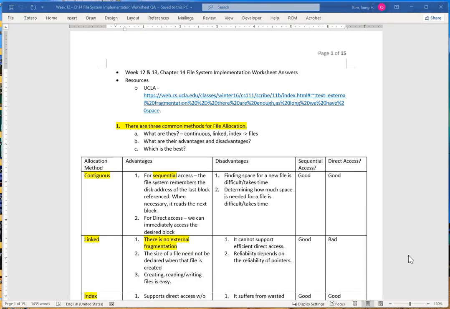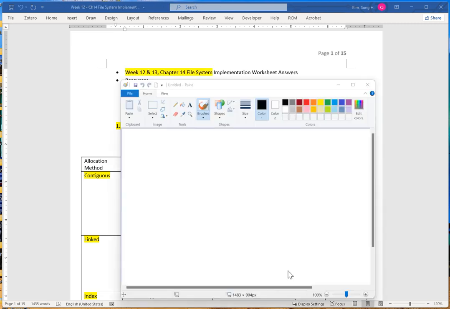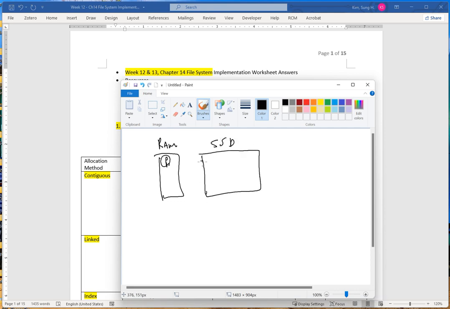So here are my notes, but before I start going over the questions and answers, I want to set the context for what we're talking about today. As the title states here, the topic for this chapter, week number 12 and 13, is the files. So far we talked about the RAM, where the processes are, and these processes come from the secondary storage device, right?